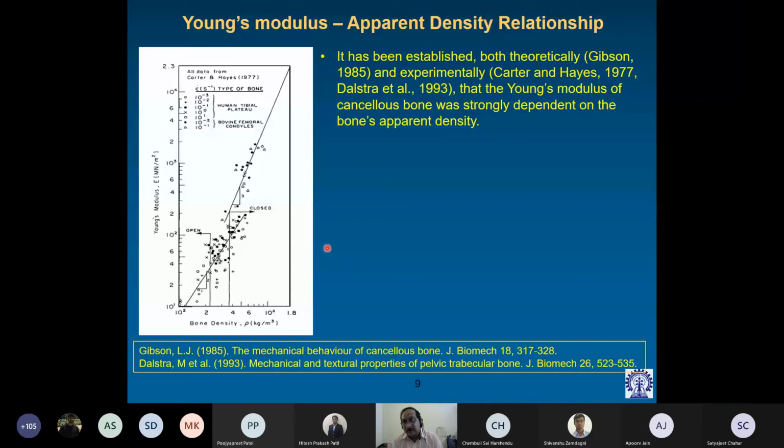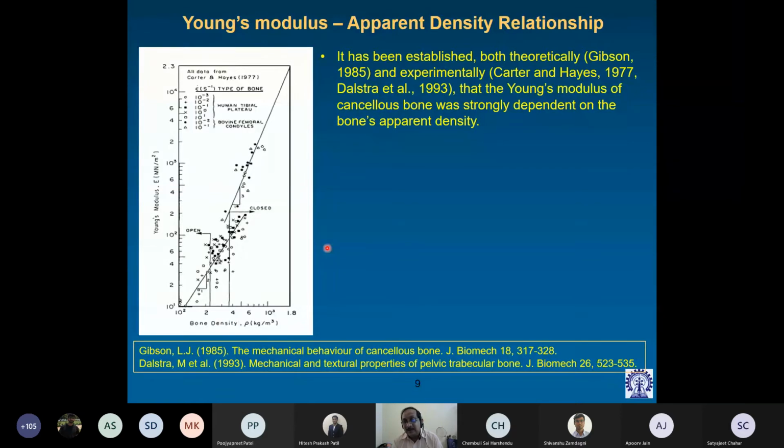A little later, Michel Dalstra of Aarhus University in Denmark tested and tried to come up with relationships for the pelvic trabecular bone. So this relationship can vary slightly from one anatomic region to the other. He came up with mechanical and textural properties of pelvic trabecular bone. And this is another paper that is quite often referred to if you're working in the trabecular bone, pelvic region.